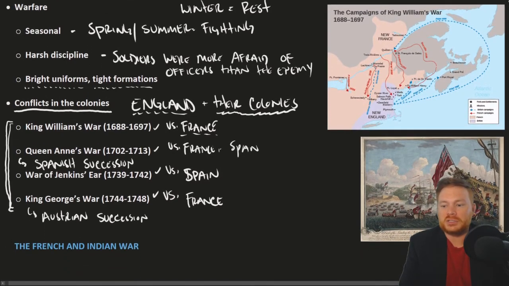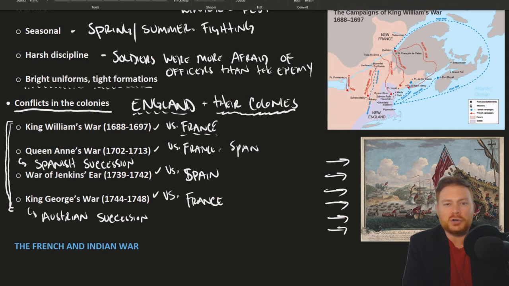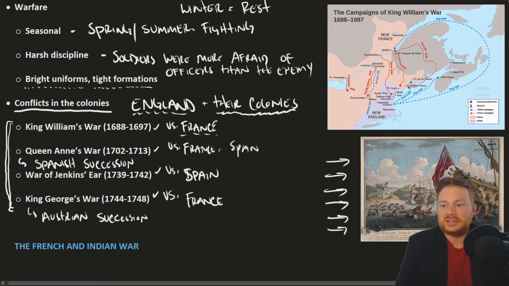So, some of these images here, this shows the British successfully taking a French fortification in the New World. This map here also kind of illustrates how colonial conflicts could break out. For whatever reason, this really annoys me, but in this case, the English or New England is in purple.